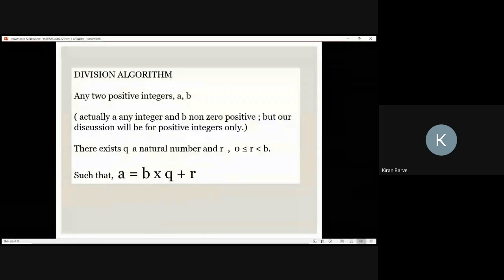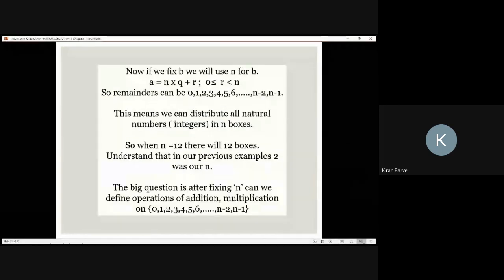Next slide, please. See, it is customary to use n for the divisor.